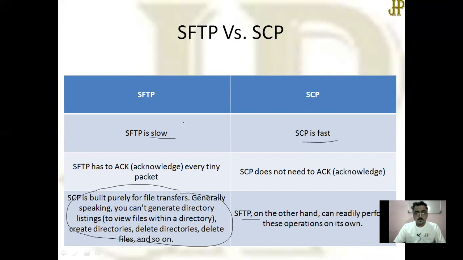Why? Because of the second point. SFTP has to acknowledge every teeny packet. Whenever a packet is received, an acknowledgement is sent back to the sender. That's why SFTP is slow, while SCP does not need to acknowledge. That's why it is fast. Clear? So move on.